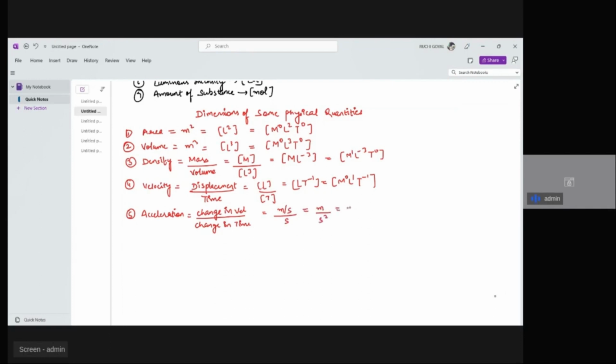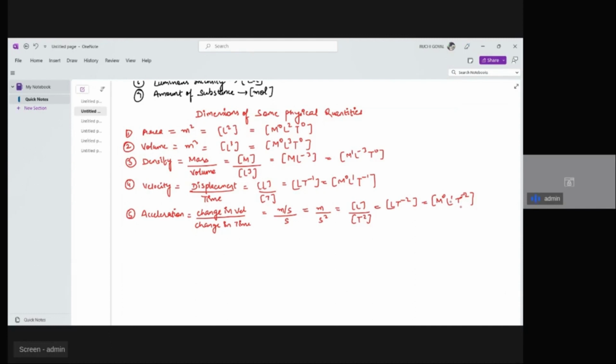So what will come out to be? Meter is length L, and T is time. So second square is T2. So it will be L T -2, right? Or we can write it as M0 L1 T -2. Correct. What we know is acceleration due to gravity. Acceleration due to gravity is same as acceleration, right? Yes or no? Yes. So we can find it like that.